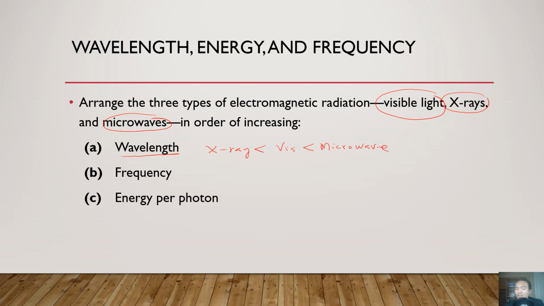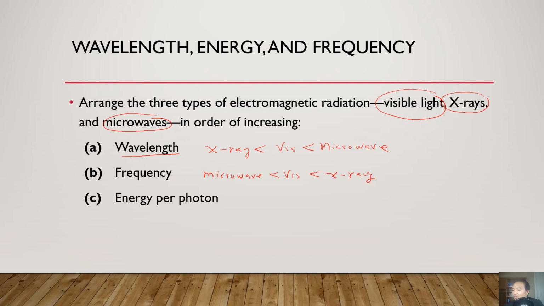Okay. The frequency is inversely proportional to wavelength, so the order will be the opposite, with microwave having the lowest frequency, then visible light in the middle, X-ray having the highest frequency.